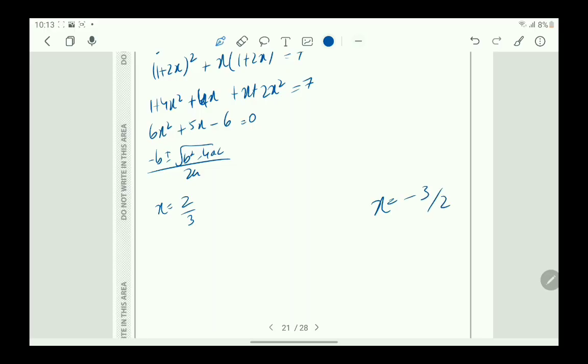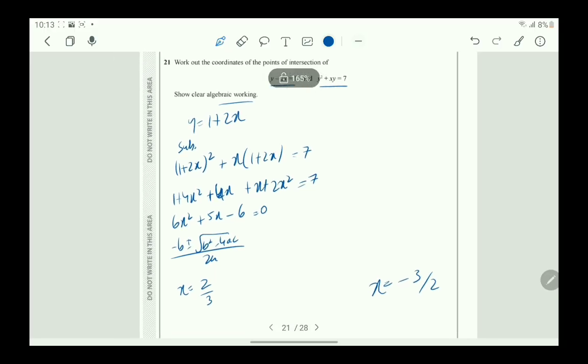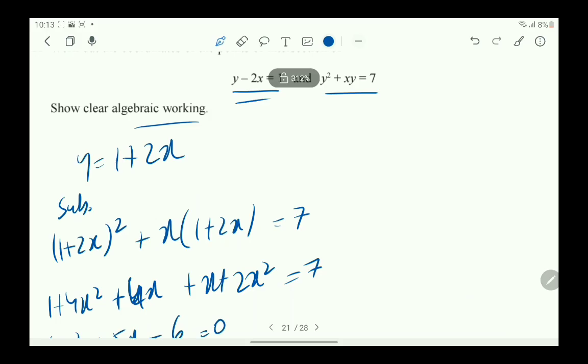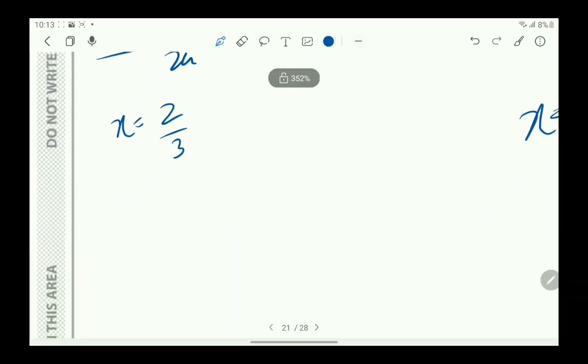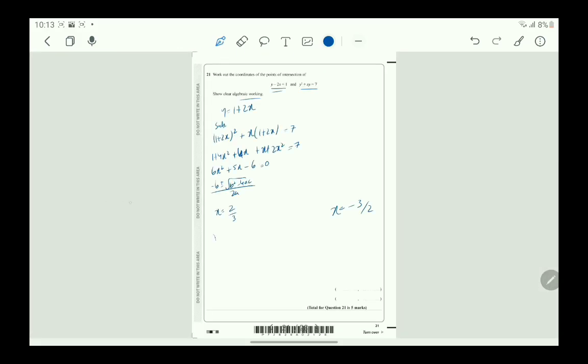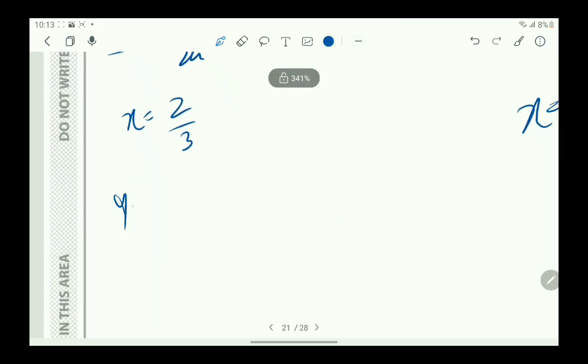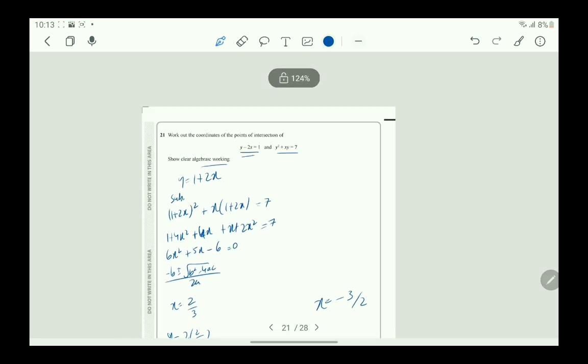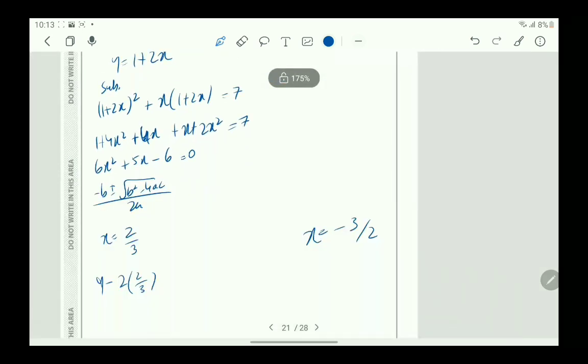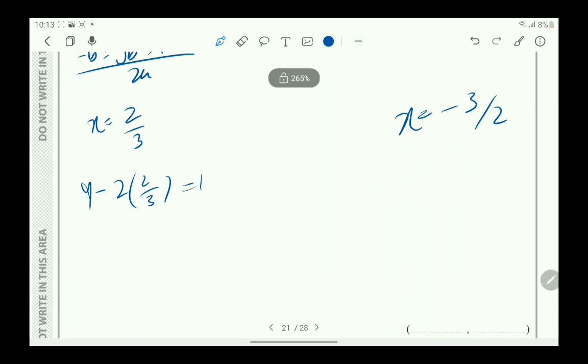Now for each of these x coordinates you also need to find the y coordinate. So plugging this into this equation, oh my bad, what's the equation, y minus 2x equals 1.